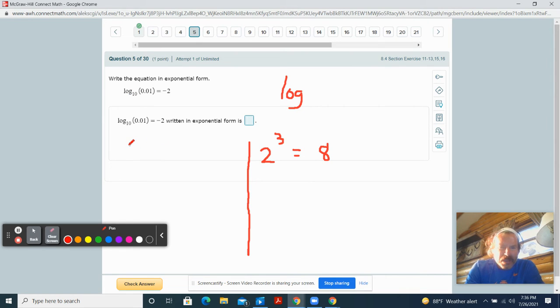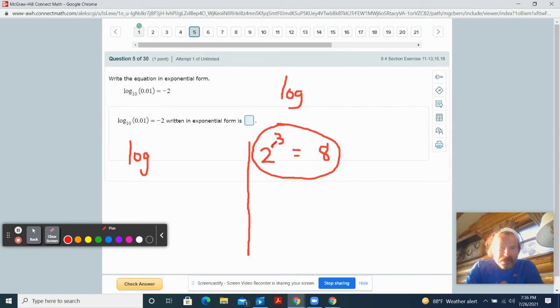But what we do is we rewrite this in logarithmic form. Exponential form is different than logarithmic form. These numbers 2, 3, and 8 just go in three different places.